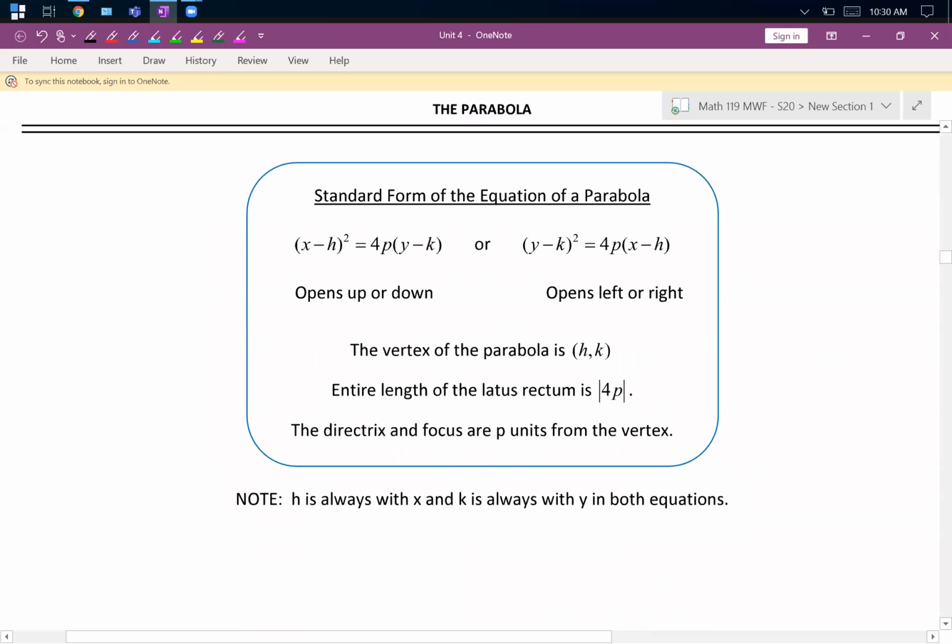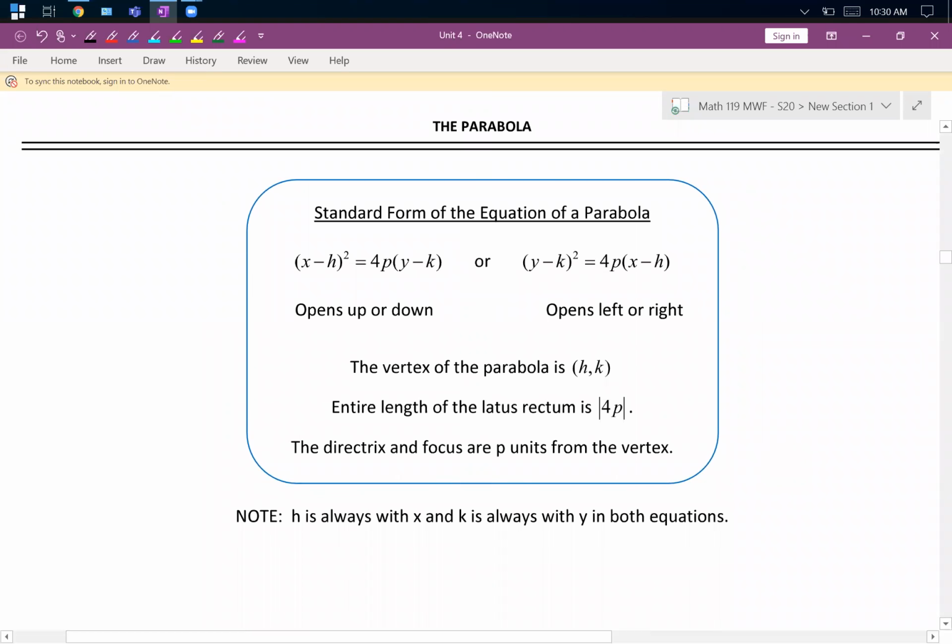So how do we determine whether it's opening up and down or left and right? It depends on which variable is being squared. So far, you've only graphed parabolas that opened either up or down. And which variable was squared on all those? The x. So if x is squared, it's going to open up or down just like it always has. If y is the variable squared, it opens left or right.